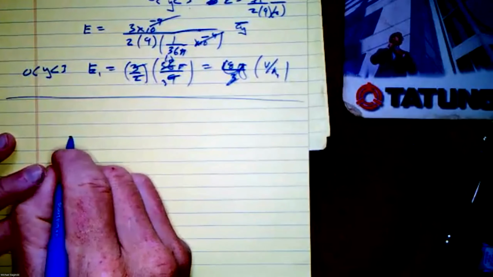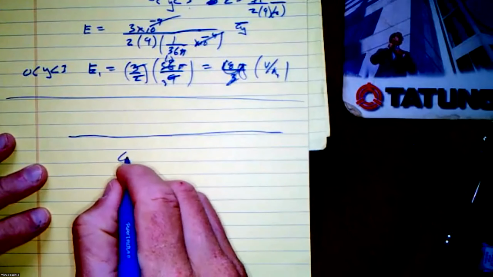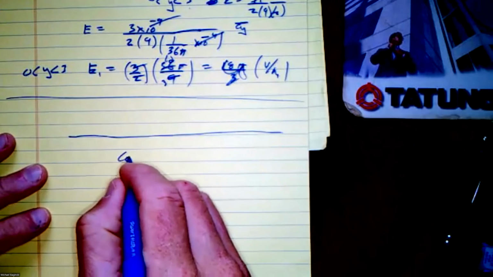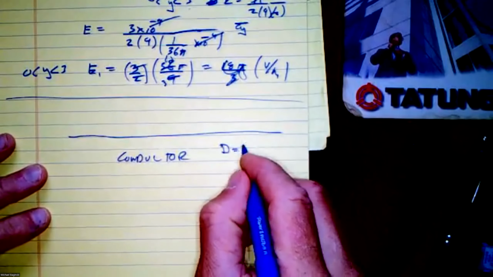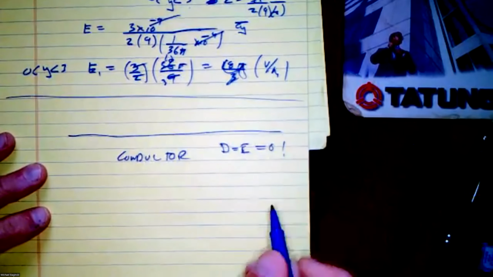If you have a perfect conductor, put down conductor. Perfect conductor means the D field inside equals the E field inside equals 0. Do y'all follow me, class?